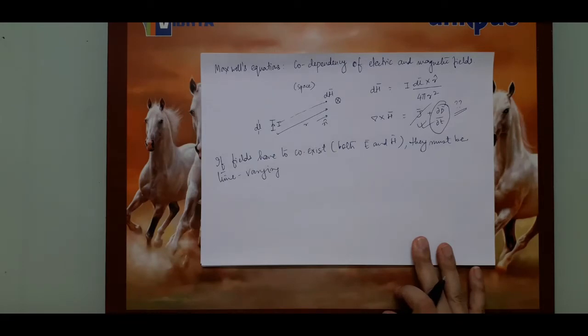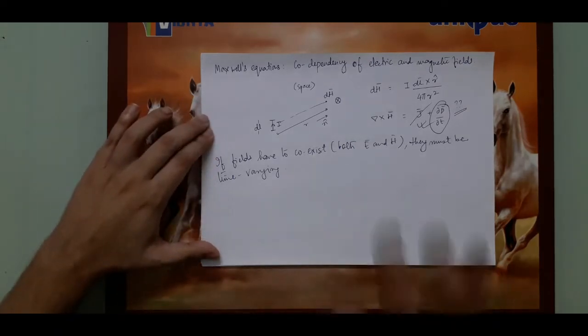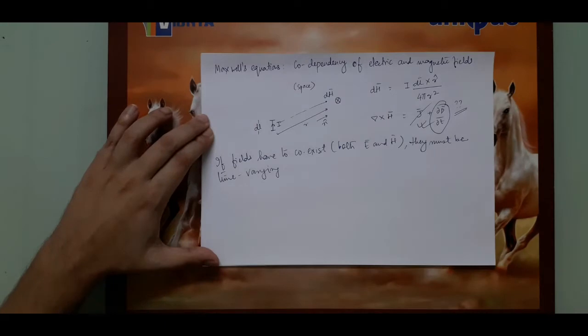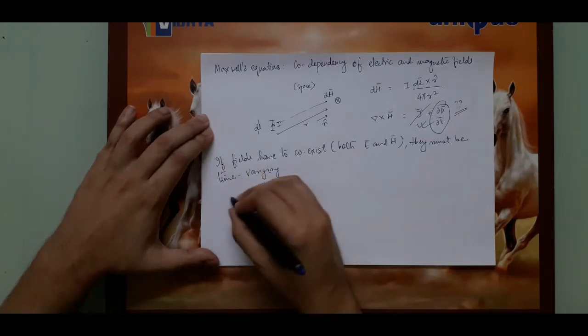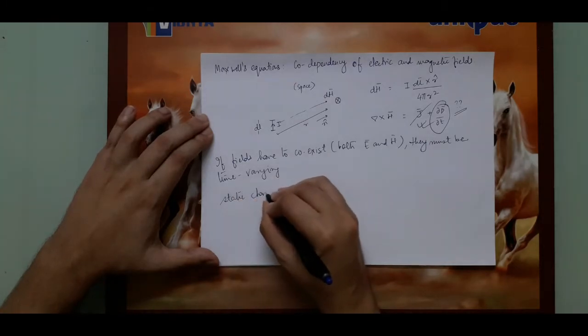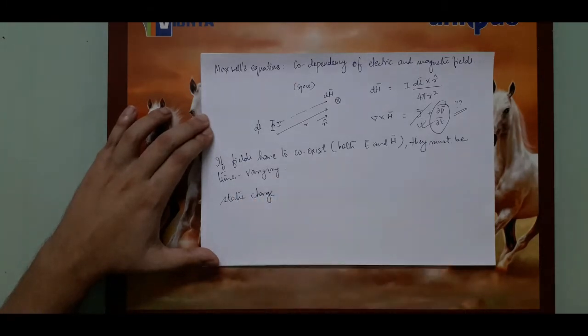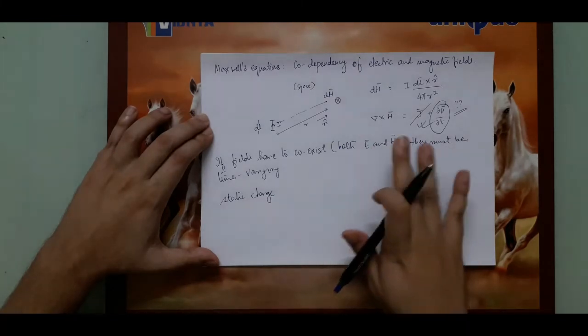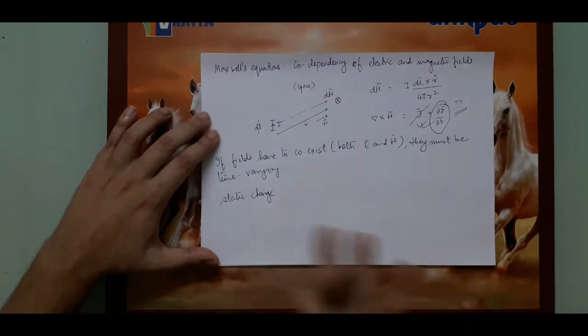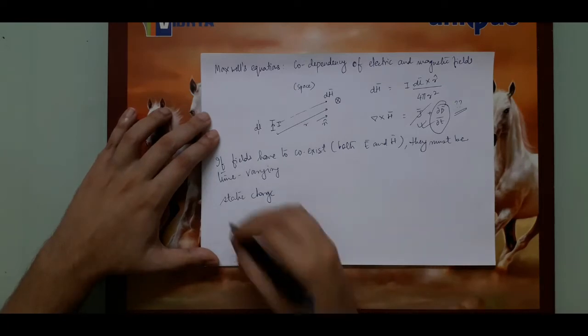So now we will say that, without getting much into what the nature of the charge and current are, we know that both E and H fields are correlated because their cause is rather similar, and that is the charge.